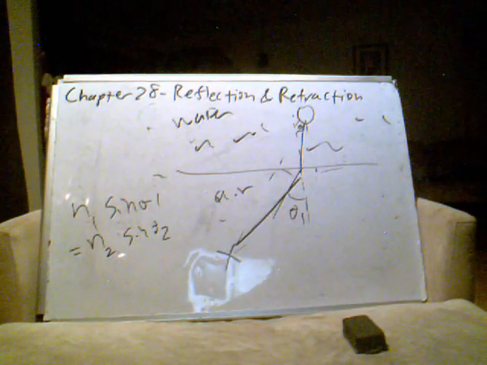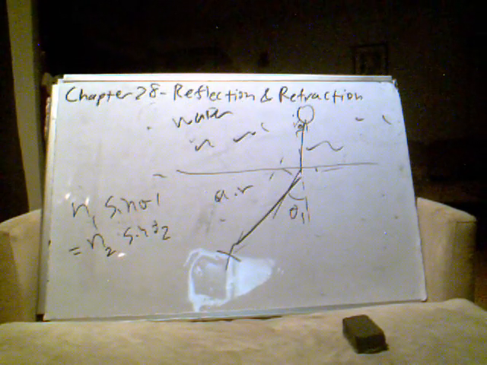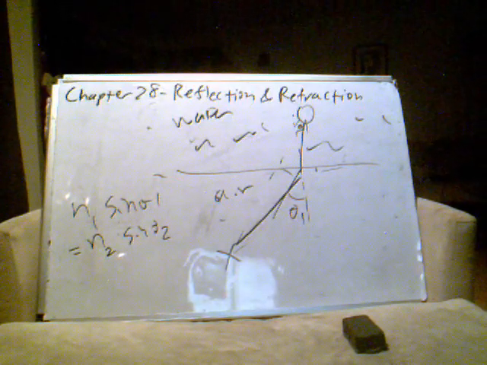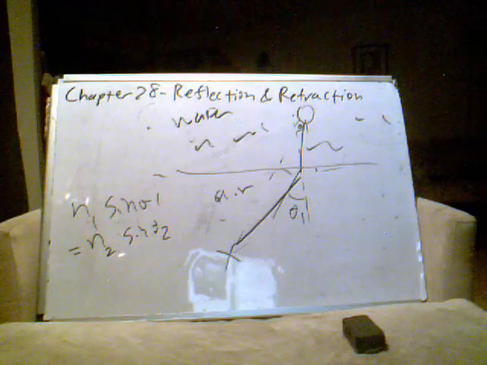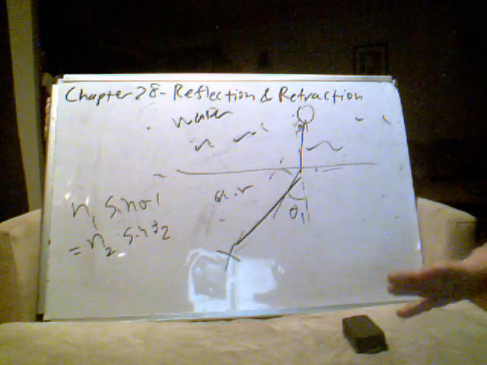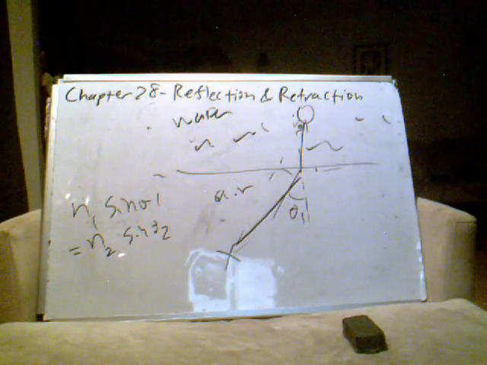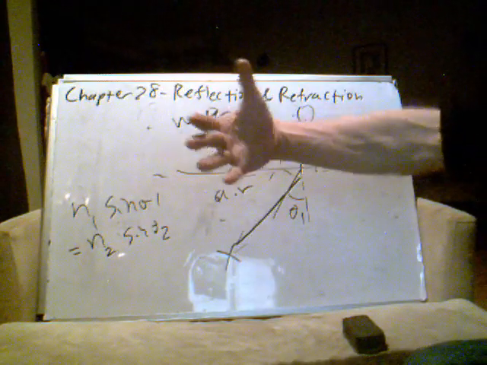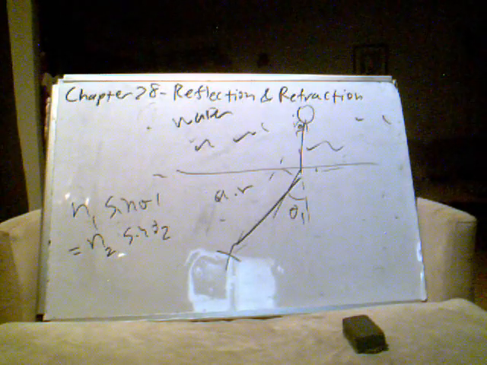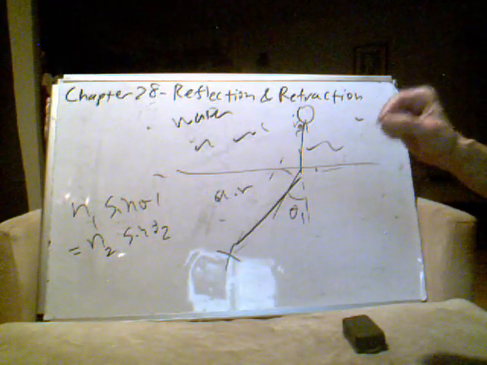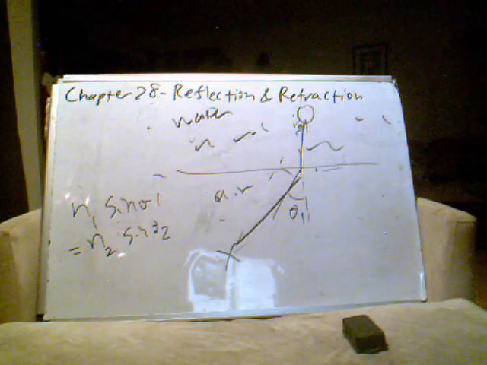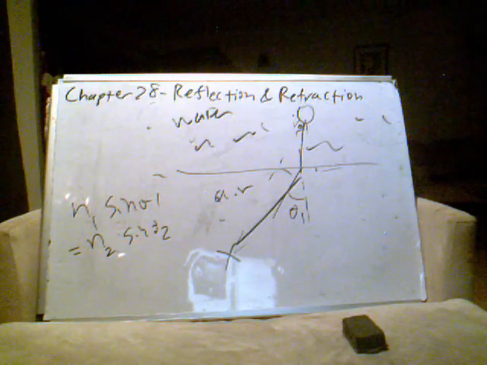This can very easily be explained by this funny thing we call Huygens principle, and that is the idea that if you have a front of waves, like a bunch of light that's moving out together in a plane, then each point on that wave front can act as a source for its own waves.